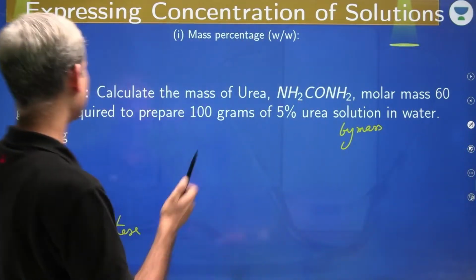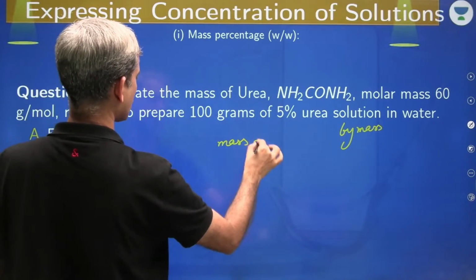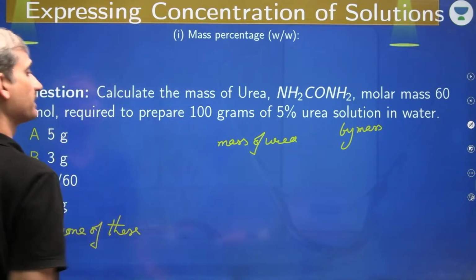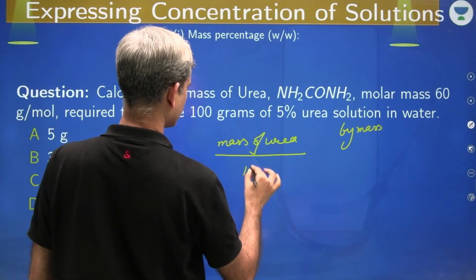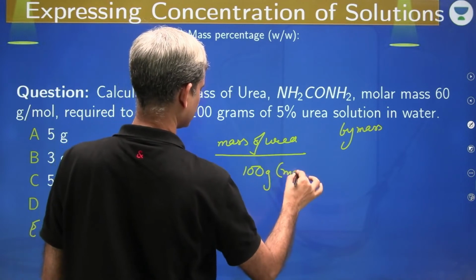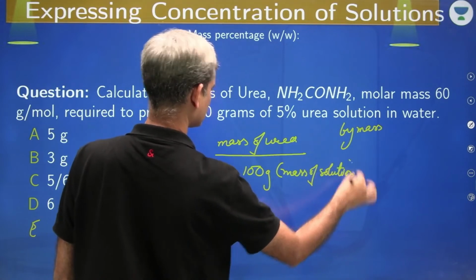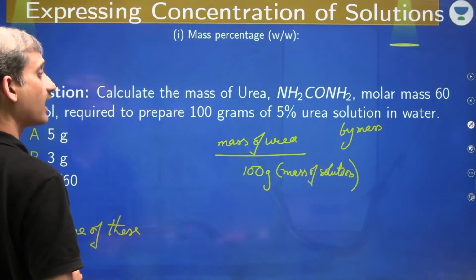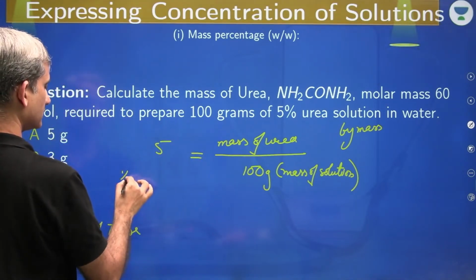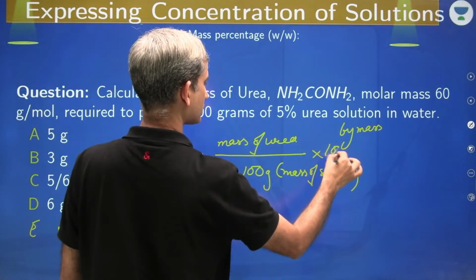Okay, let's calculate it. Calculate the mass of urea required to prepare 100 grams of solution, 5% urea solution. 5% by mass into 100.